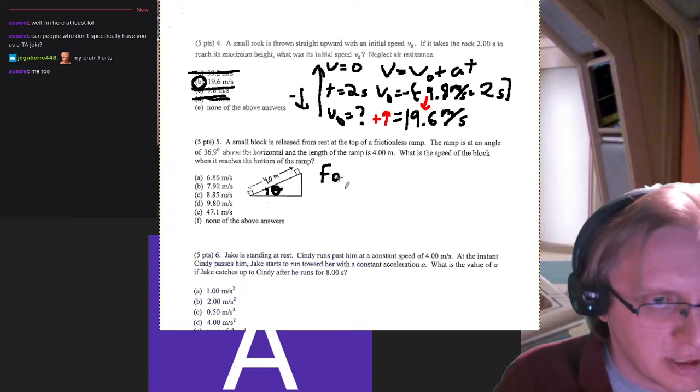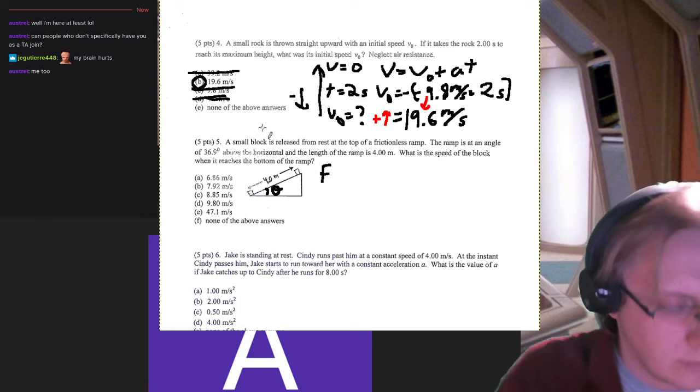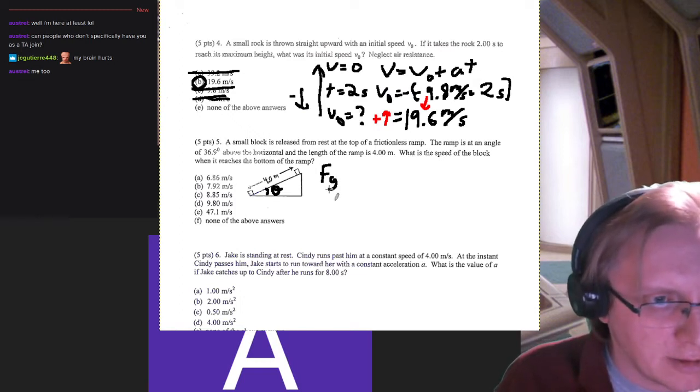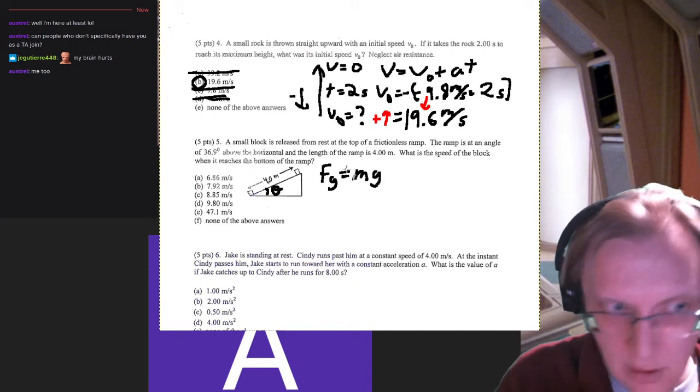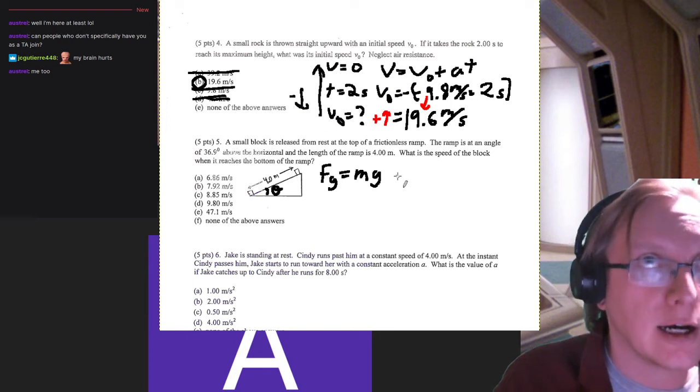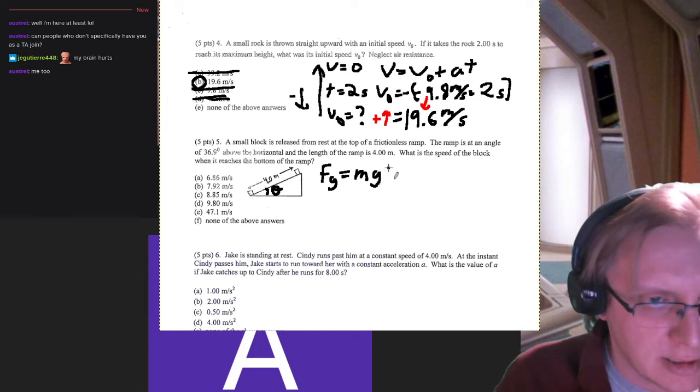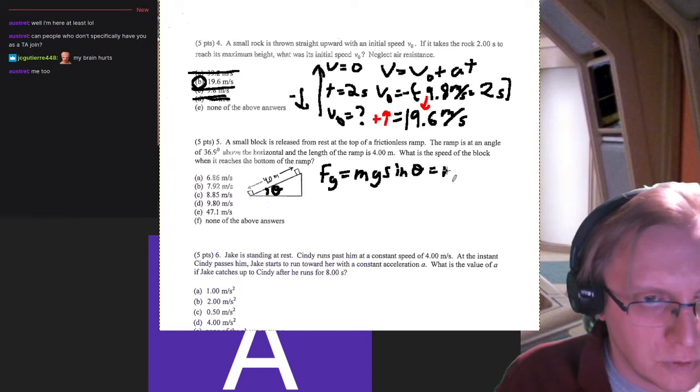Force, acceleration. The force of gravity is equal to mg, and we're going to be along this incline, so when theta is equal to 0, this must be 0, therefore we grab the sine. mg sine theta is equal to ma, our m's cancel, and so we're left with an acceleration of g sine 36.9 degrees.